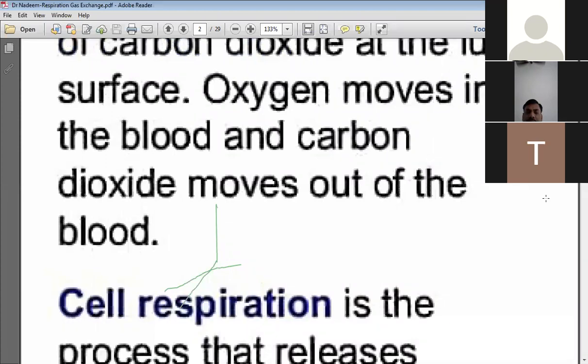Besides energy, the other waste product released through this respiration is carbon dioxide. It has to be moved out of the body. So it is reversely transported from the blood capillaries to the alveoli, where it is exhaled out.